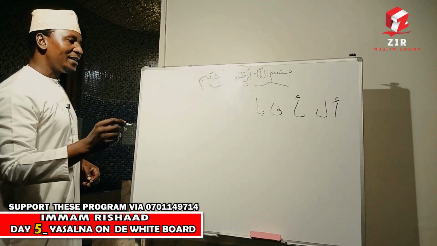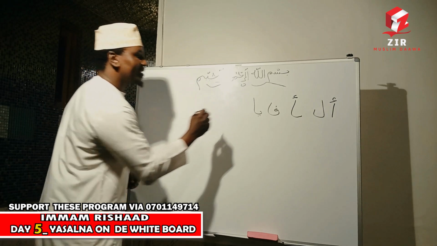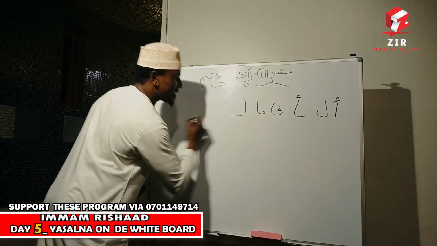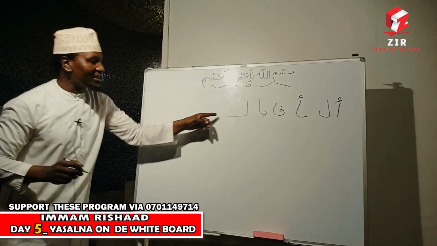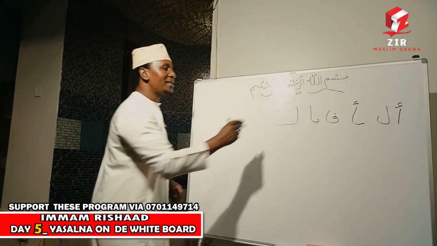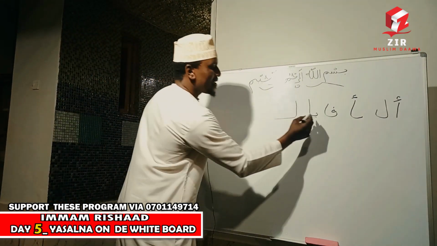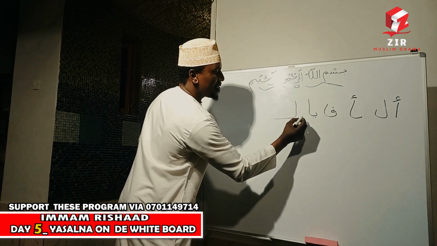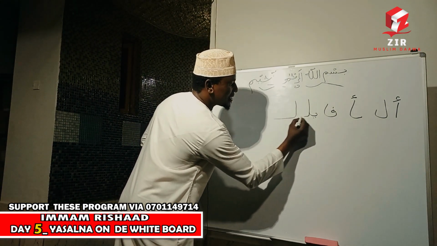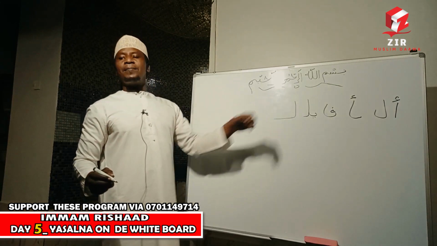For Lam, the difference is that it will go this side. The moment it goes, it makes a bend, automatically that is a Lam. The moment it goes like this, then this is Lam.